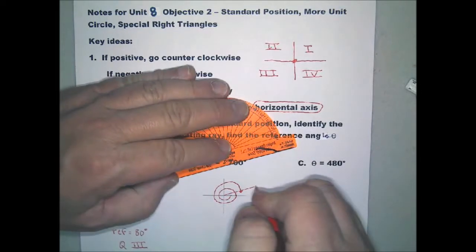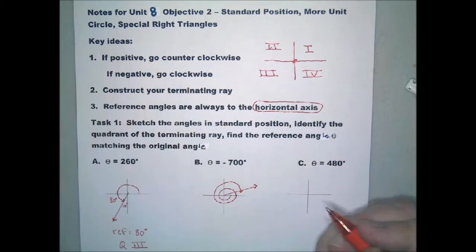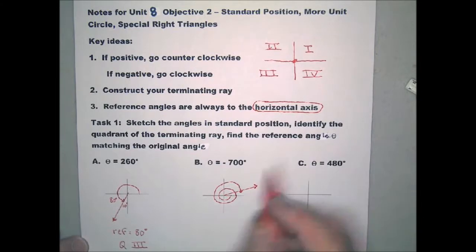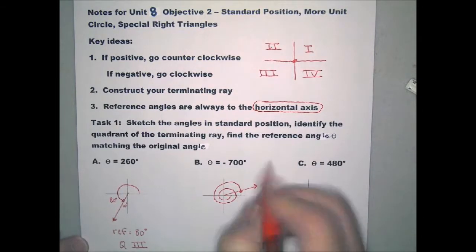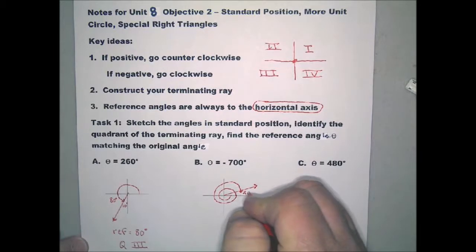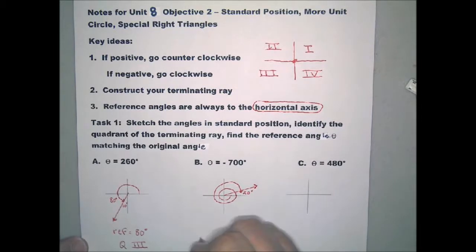So there's my terminating ray. It's in quadrant 1, and this is a 20-degree angle right here. So my reference is a 20-degree angle, and I'm in quadrant 1.